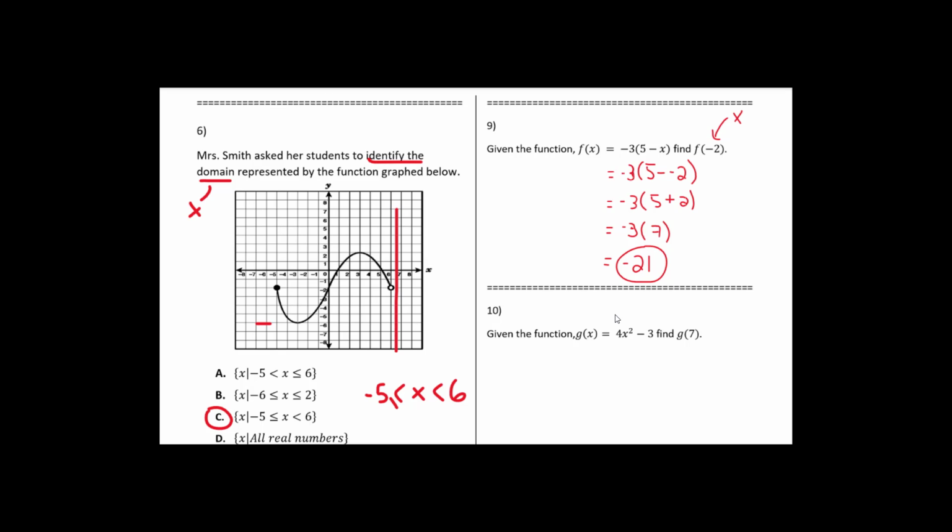All right, let's go on to the next problem. Next problem again is function notation. Please remember this is the x value. So then you write the 4, open parentheses, put the 7 inside, copy the squared, -3. And what you can do is put this in the calculator, okay?